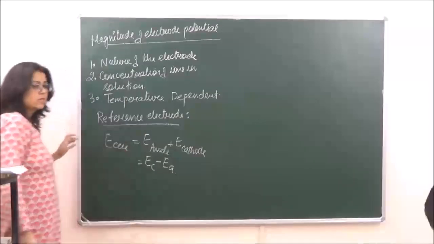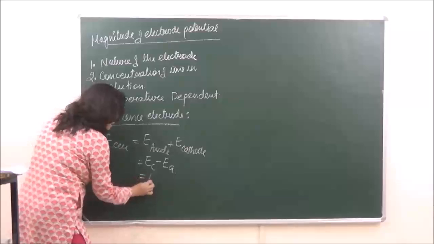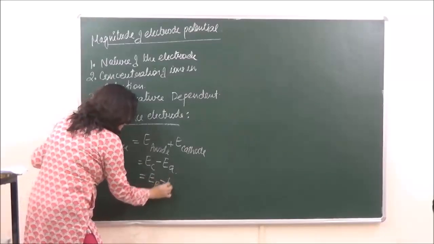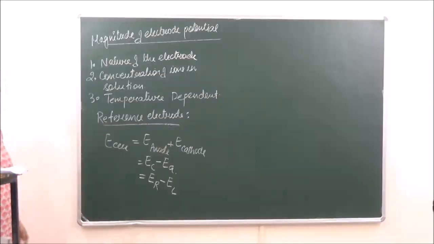This is also written in certain books. E cathode minus E anode, or E right minus E left. Right? So this is how we calculate the E cell. Clear ho gaya? Okay.